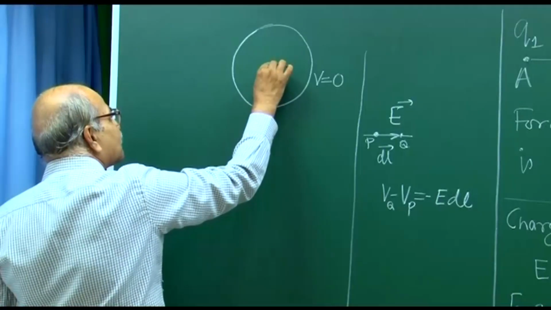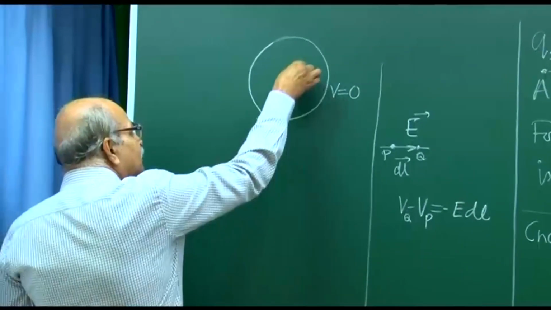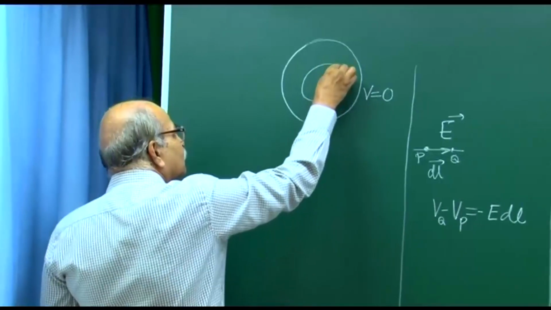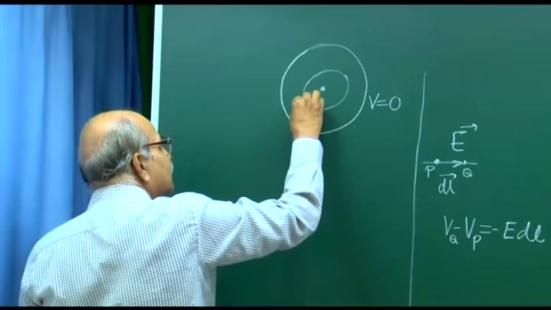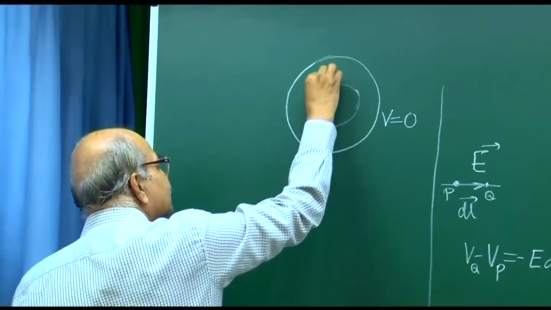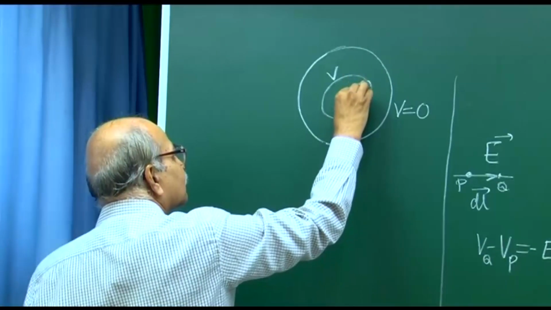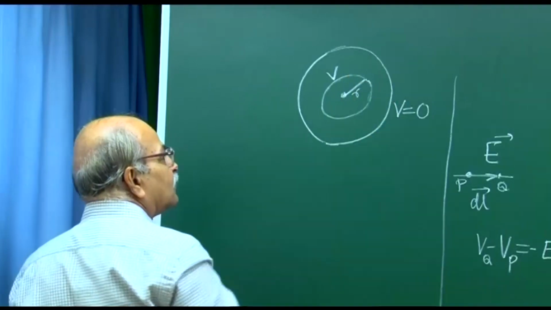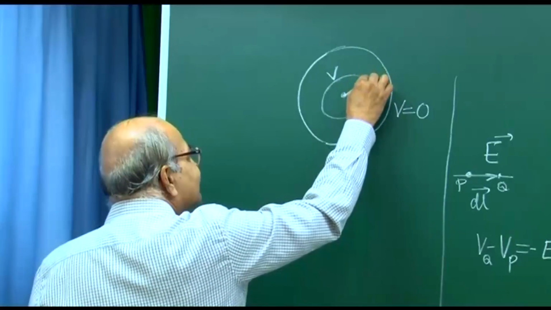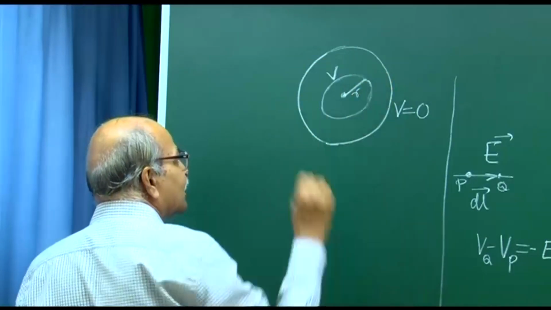So, there is a high potential here, and then I have a circle, and what I find is that on every point on this circle, the potential is the same. If this distance is r, you can ask what is the potential V at this distance r, no matter in which direction. These potentials are all the same.